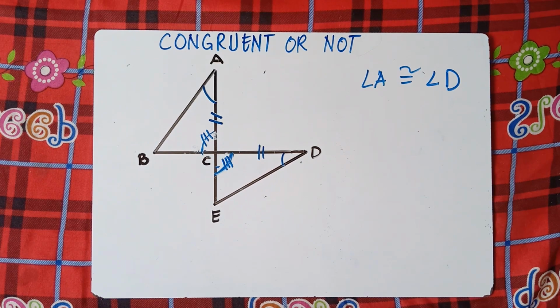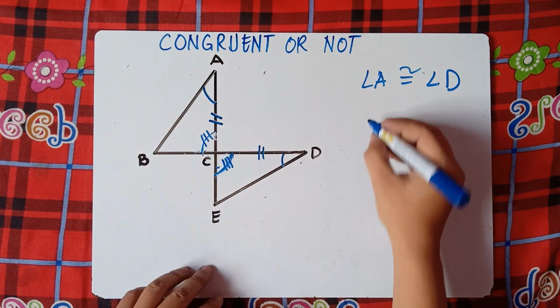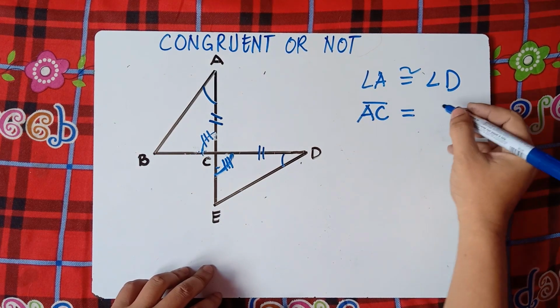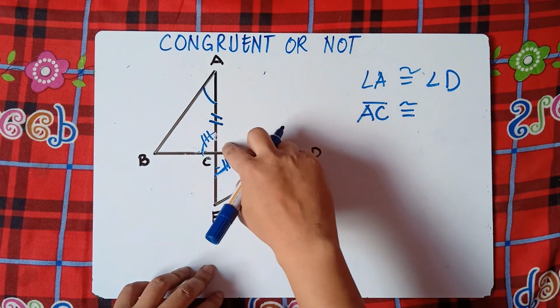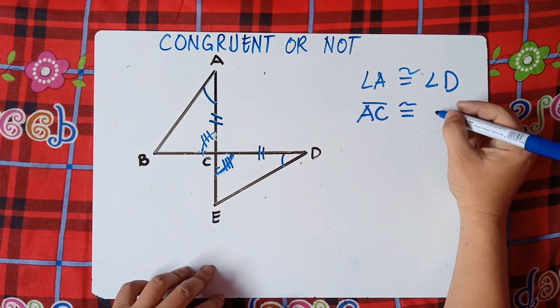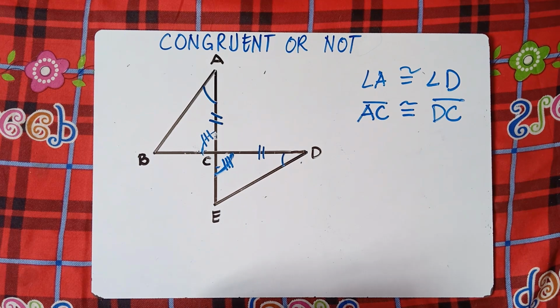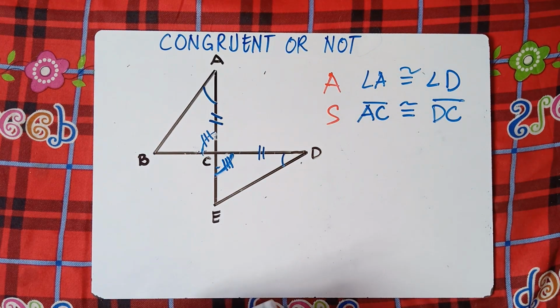With regards to the side, is the side between these two angles? Yes. So we can say that side AC is congruent to side AC. You start with AC, so it should be DC, side DC. Alright, so we have angle, side, and the last one: this angle.